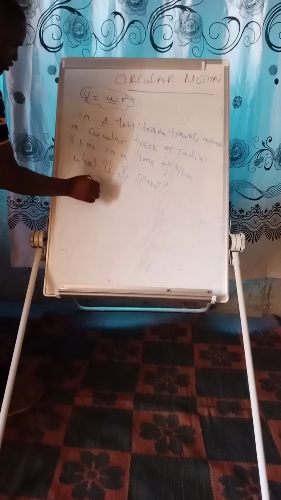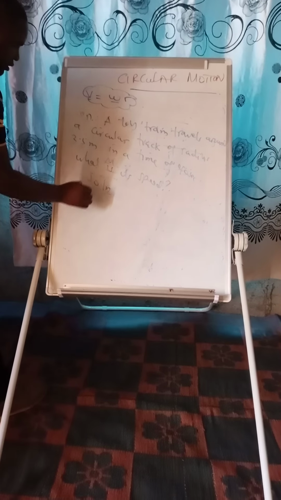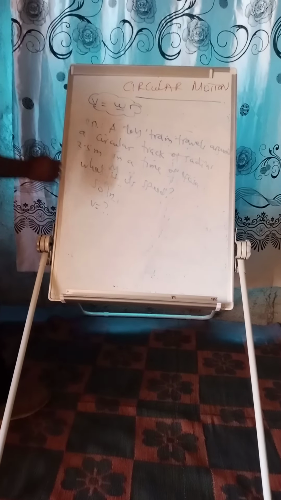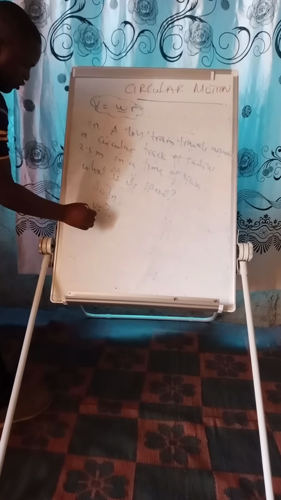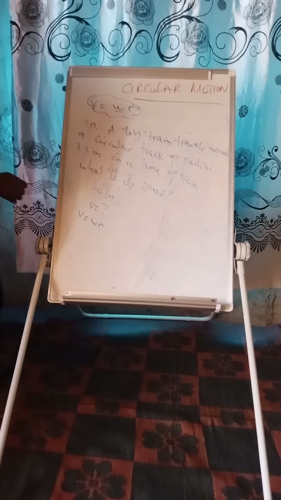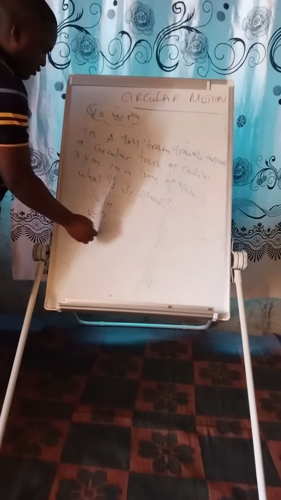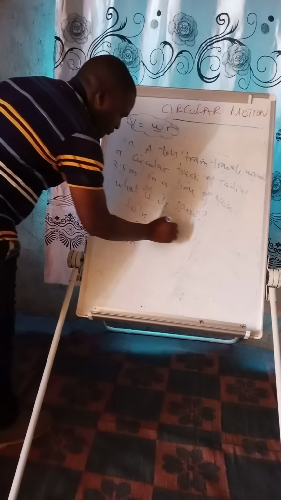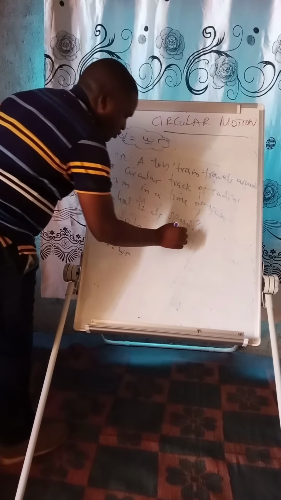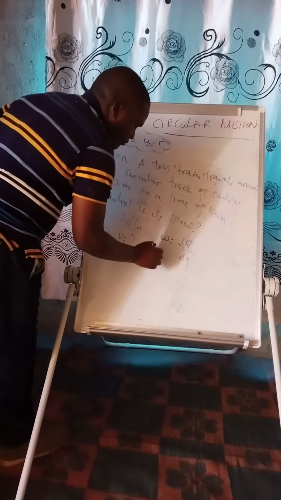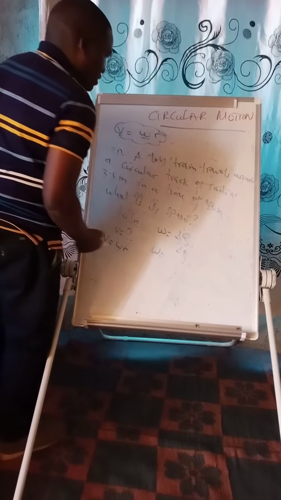So the speed here is v. The formula for v is equal to omega r. But in our question there is no omega, only r is given. So we'll find omega. But omega is equal to change in angular displacement over change in time taken.